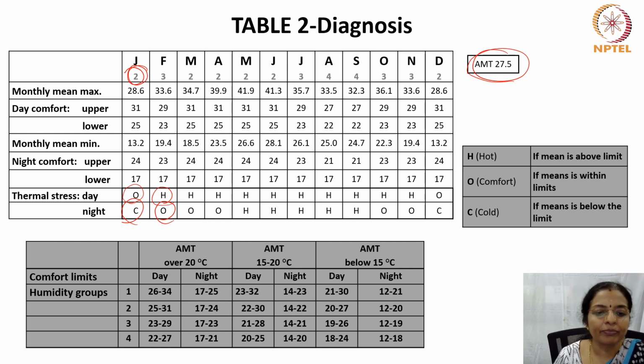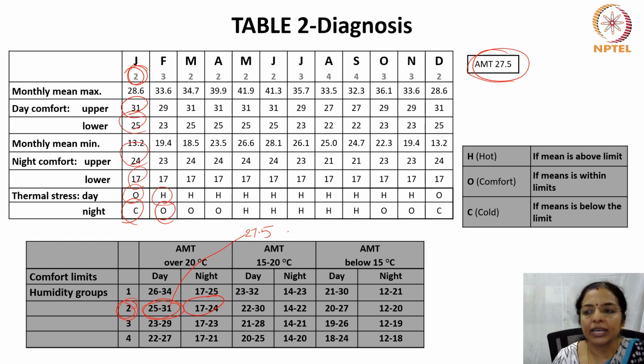I need to check what data I should enter. This is what I will enter, because my AMT here for Vadodara is 27.5. So I will enter this range 25 to 31 and this range 17 to 24 here.